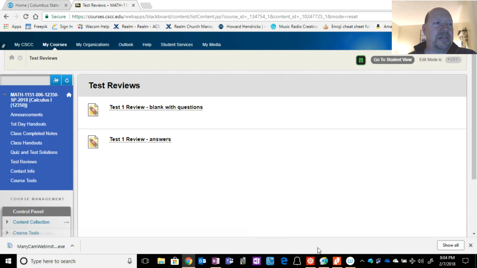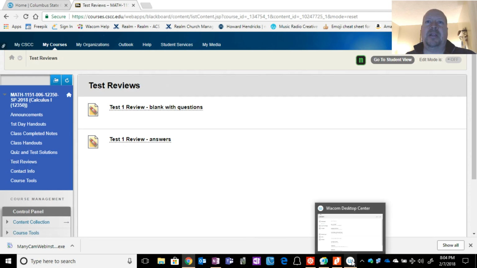So with regard to the test, you've got to think about the main concepts we've been covering: limits and derivatives, right? So you should know how to find the limit of something using numerical analysis with a table of values.